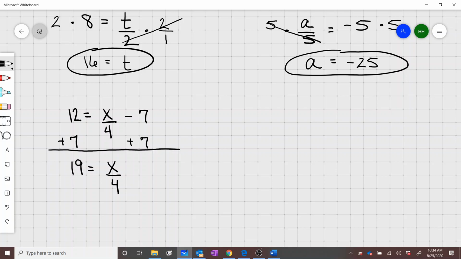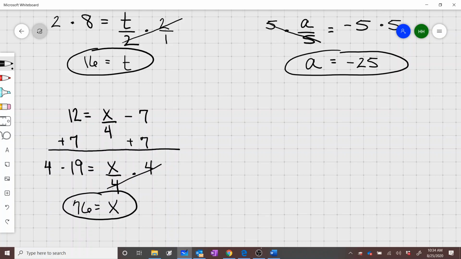So if 19 is equal to x over 4, or if 19 is equal to x divided by 4, well then we multiply both sides by 4. And 19 times 4, I'm going to verify that with a calculator. I get 76. 76 is equal to, on the right hand side, the 4's cancel out, and we bring down the x.